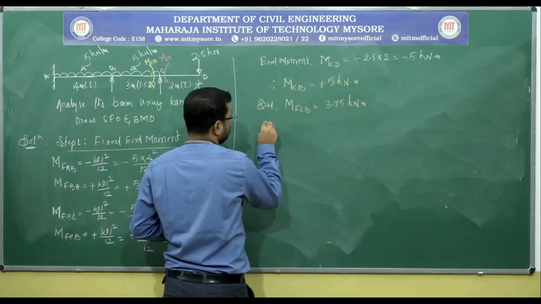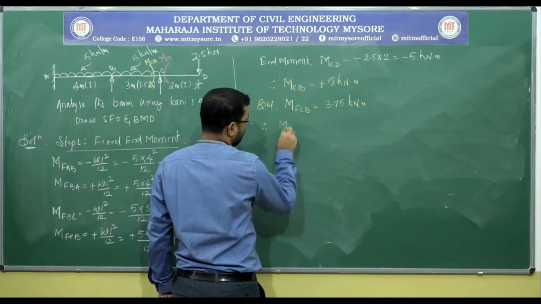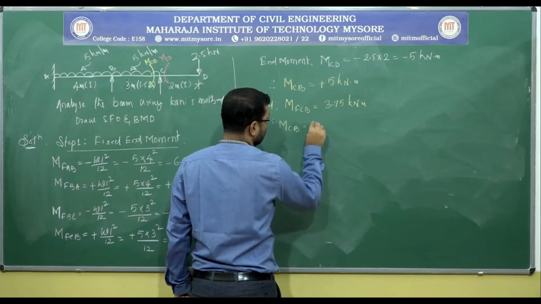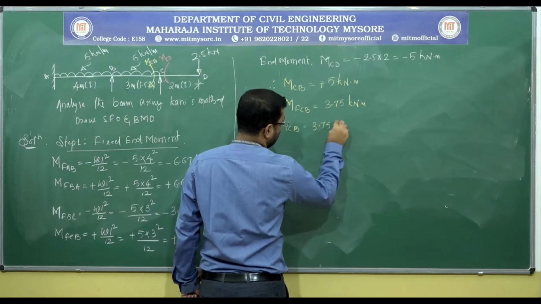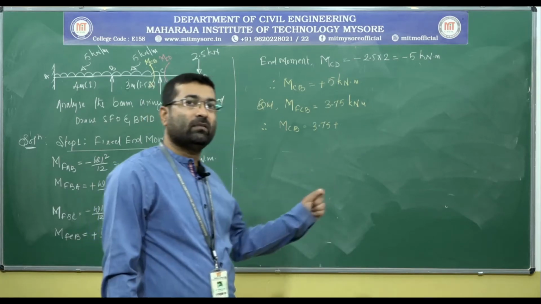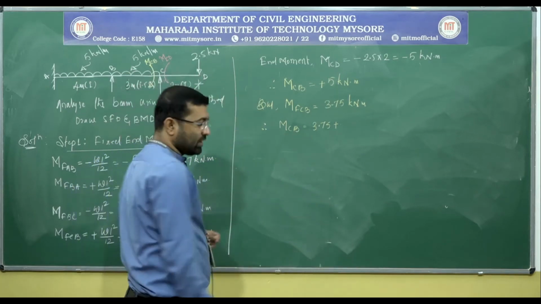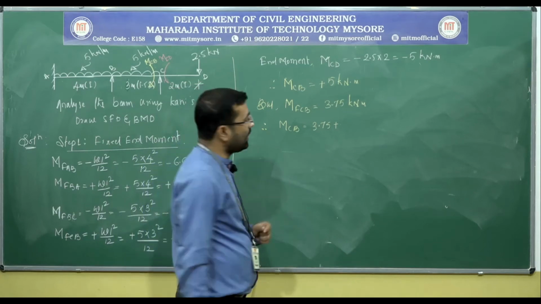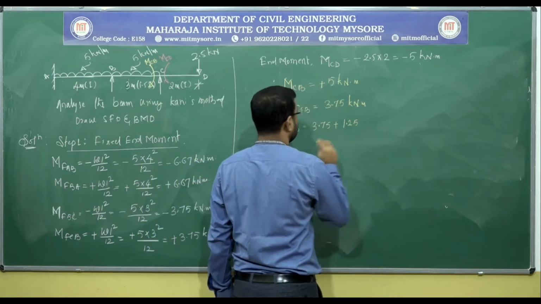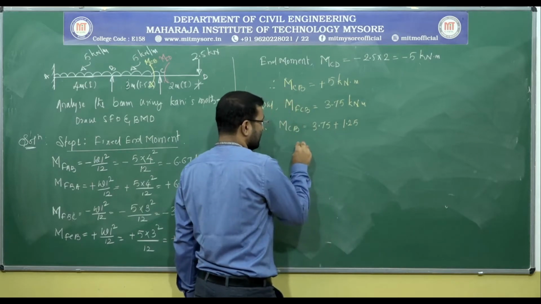Therefore, for MCB, I have MFCB, that is 3.75, plus something I need to add here so that it becomes 5. So here I need to add 1.25 kilonewton meter as an additional moment.